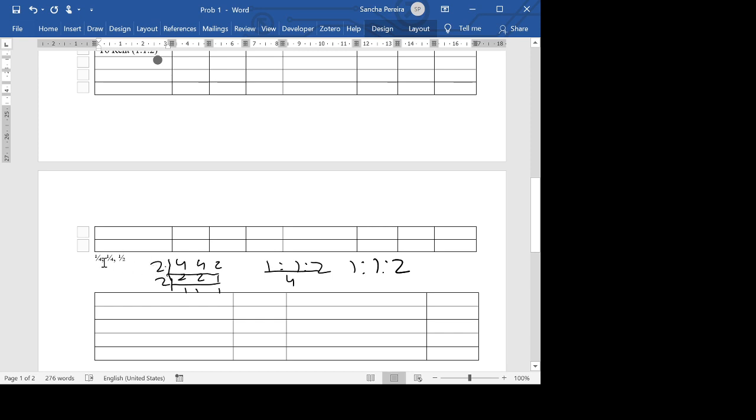4 into what gives you 4? 4 into 1. Multiply that with the numerator. Similarly, 4 into what gives you 4? Multiply that with the numerator. 2 into what gives you 4? 2 into 2, 2 into 1.